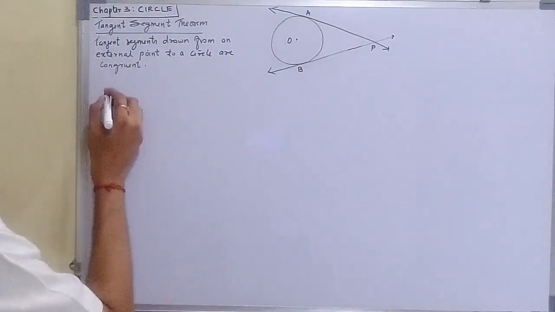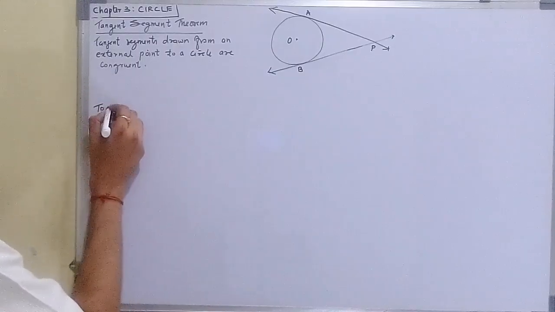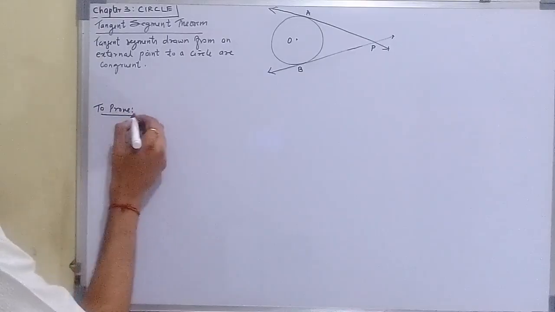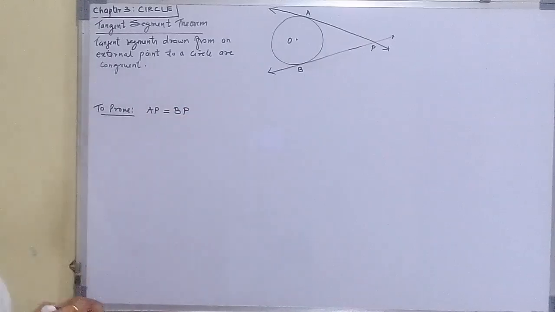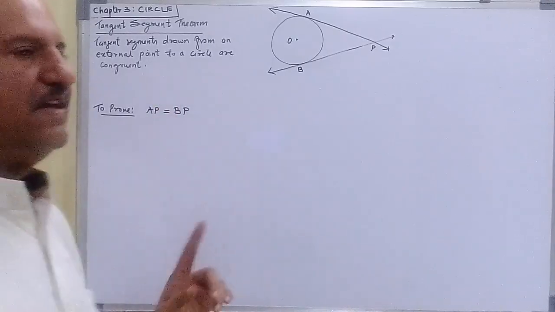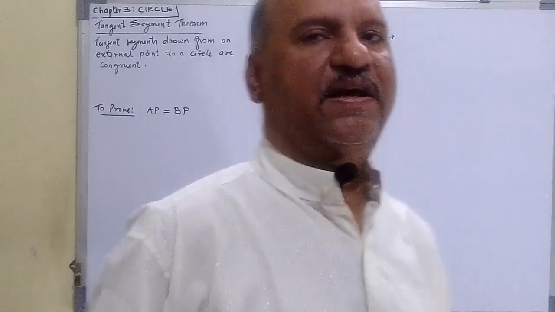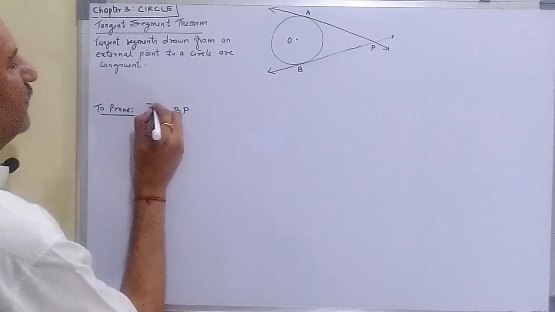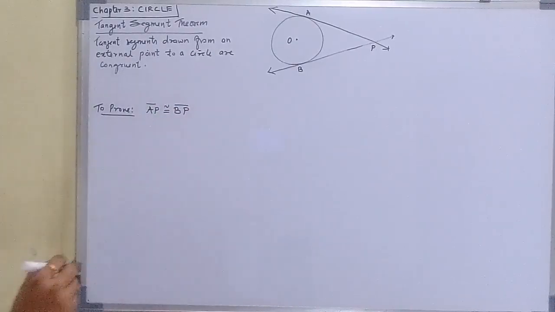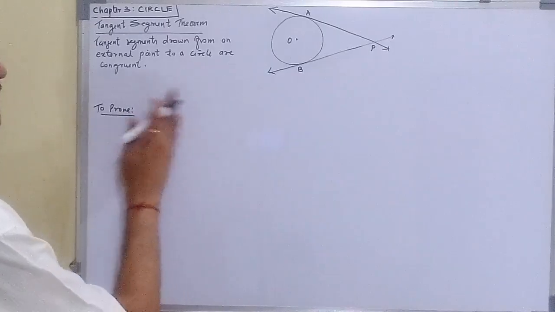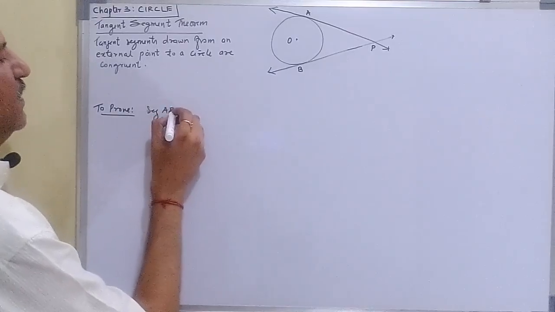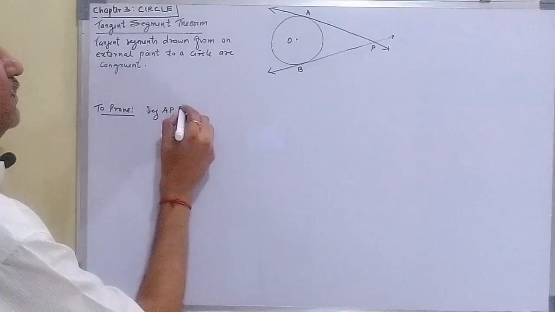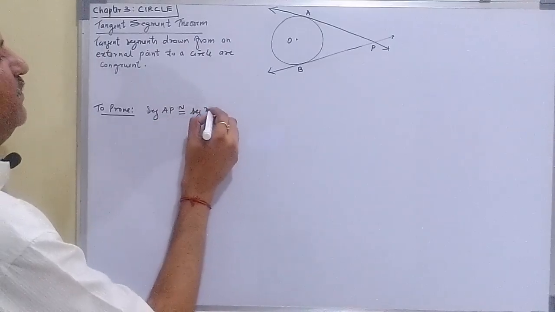So we are going to prove AP equal to BP. ये दो जो अपने टेंजेंट सेगमेंट्स हैं वो कॉन्ग्रुएंट हैं, हमें बताना है ये इक्वल हैं. सेगमेंट AP congruent to segment BP, ये प्रूव करना है.